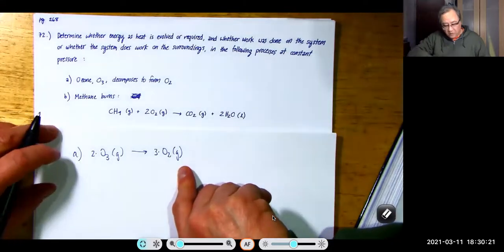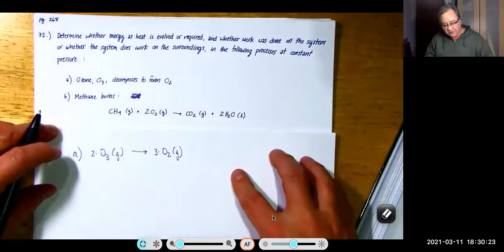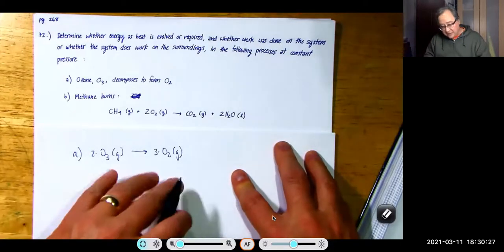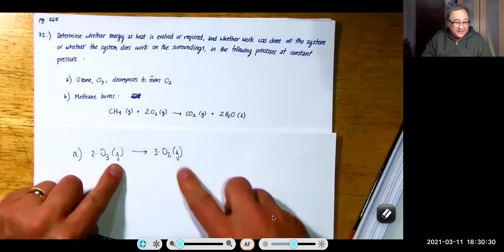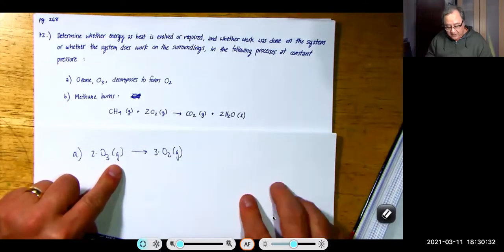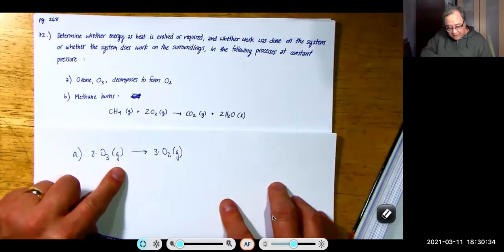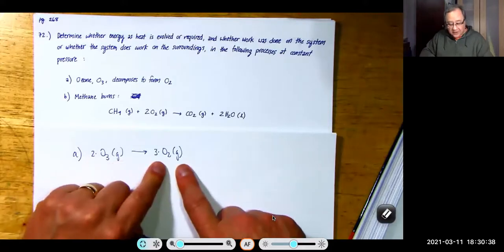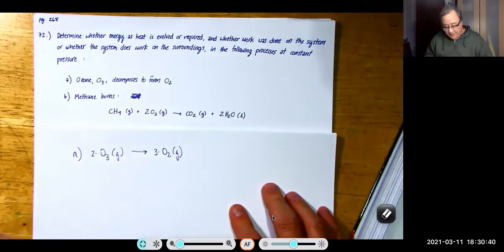We want to know whether work was done on the system or the system does work on the surroundings. This really is a matter for another chapter because it talks about gases. The deal is that when you have 2 particles of gas decompose into 3 particles of gas, it takes up more space.